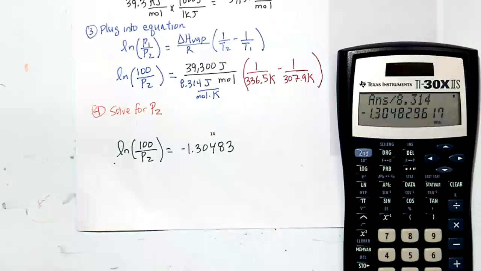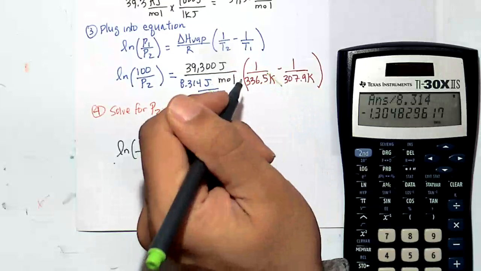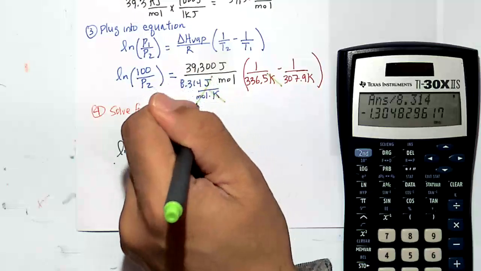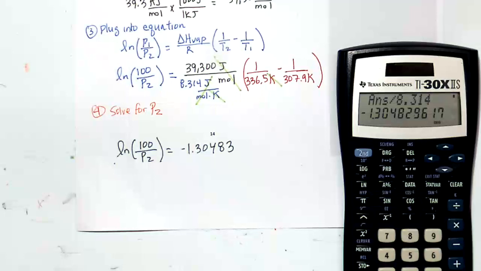By the way, let me go over the units here: the Kelvins cancel, and the J over mole cancels with the J over mole.